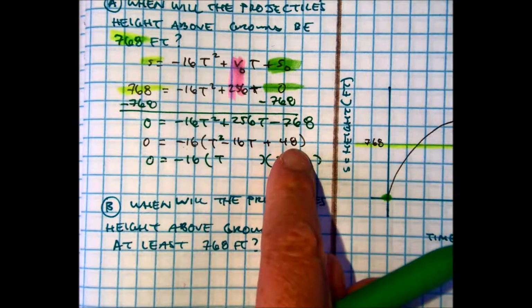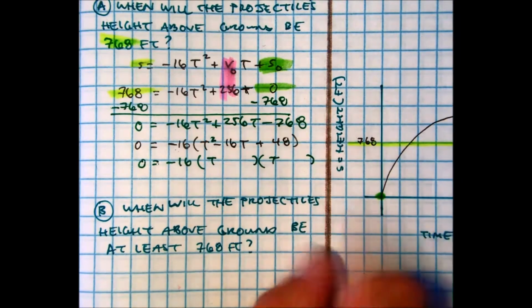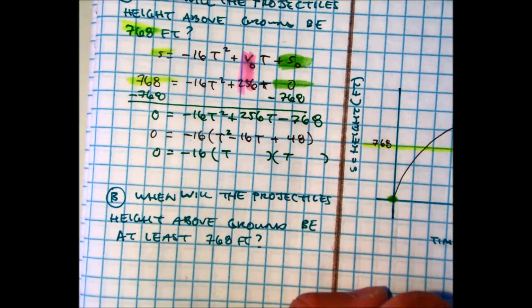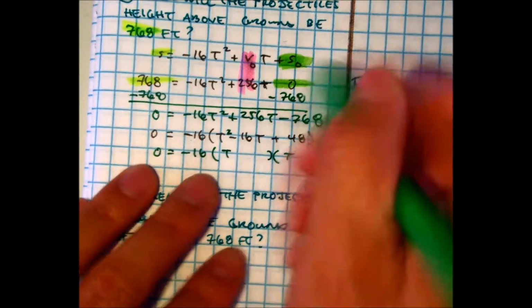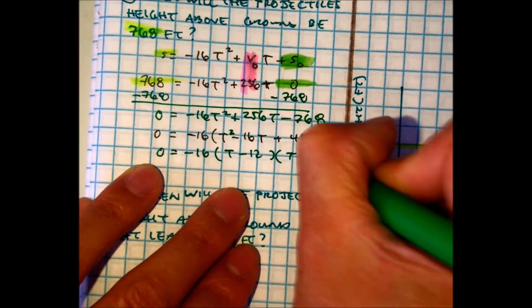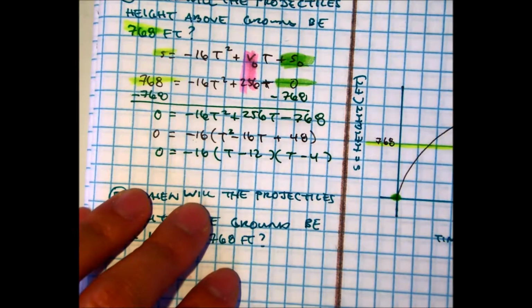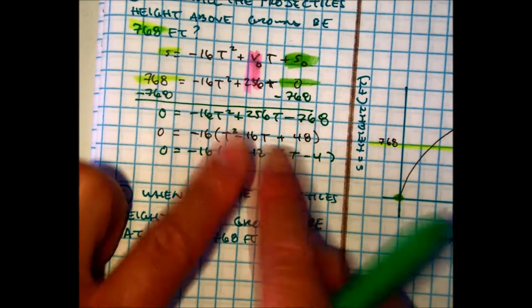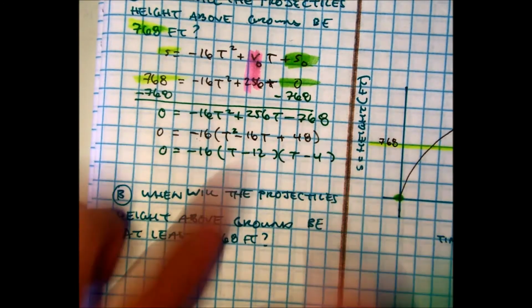Class, two numbers that multiply to be 48 but add to be negative 16. What is it? Negative 12 and negative 4. These add to be negative 16, but multiply to be positive 48.